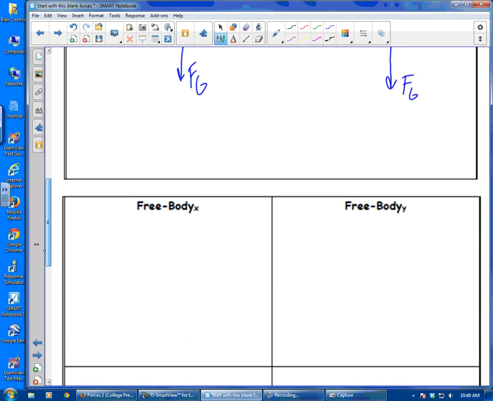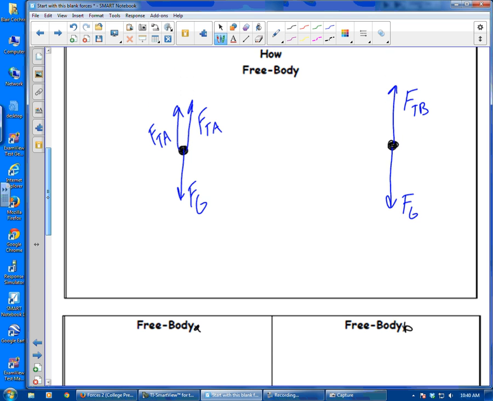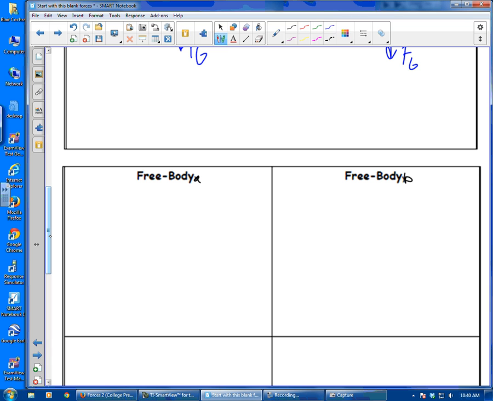And down here I'm going to continue using this side for A and this side for B, since everything is in the Y direction, I don't have to worry about X at all. And so I'll do the sum of my forces for A equals MA, and then the sum of my forces for B equals MAB.